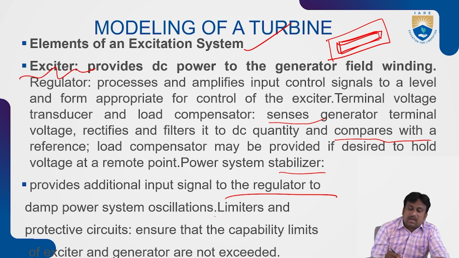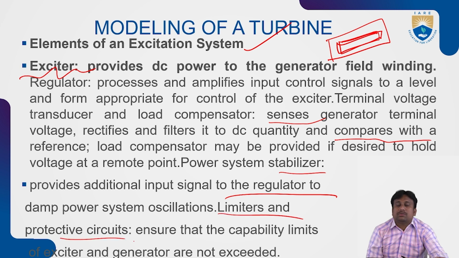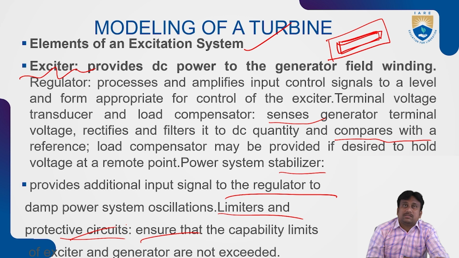Due to this, the limiters and protective circuits are selected, so that, based on endurance and capabilities, the exciter and generator limits are not exceeded. During the limits, the excitation systems must be treated under these considerations.